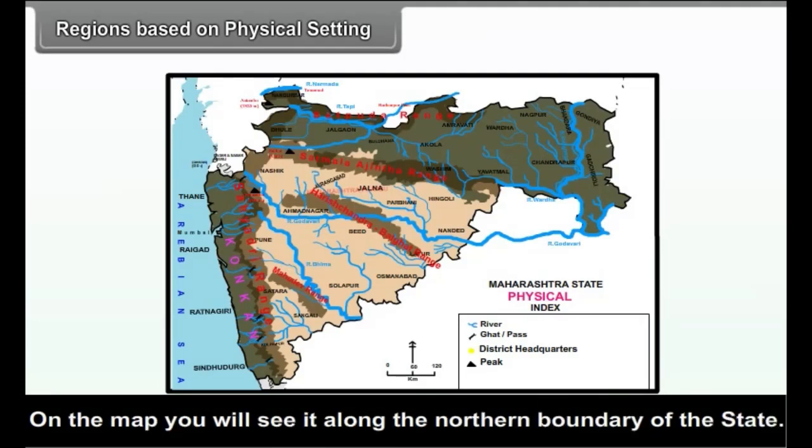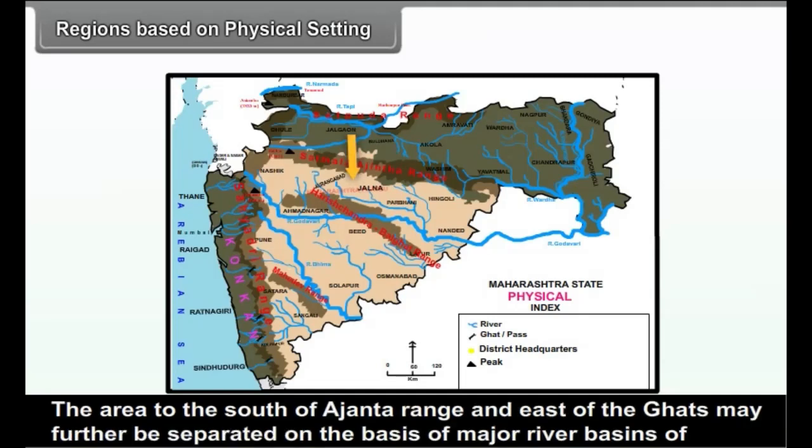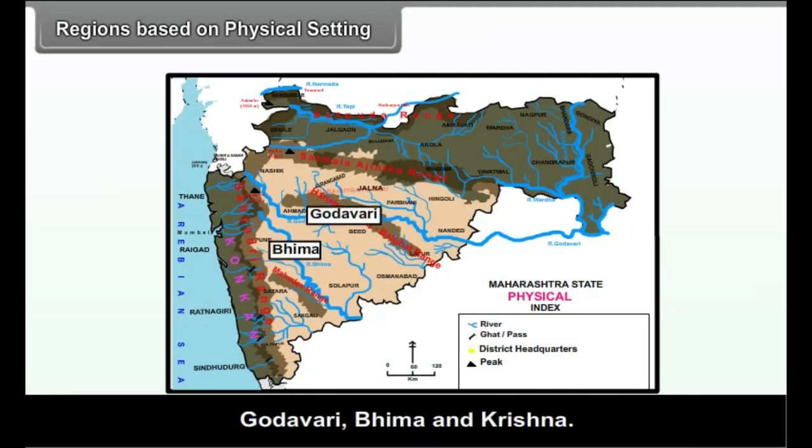On the map, you will see it along the northern boundary of the state. The area to the south of the Ajanta range and east of the Ghats may further be separated on the basis of major river basins of Godavari, Bhima and Krishna.